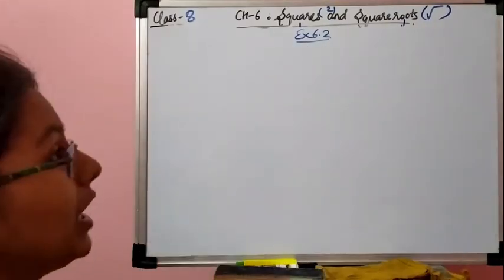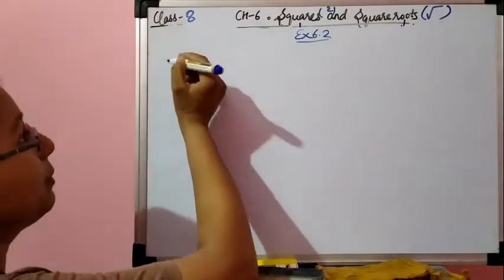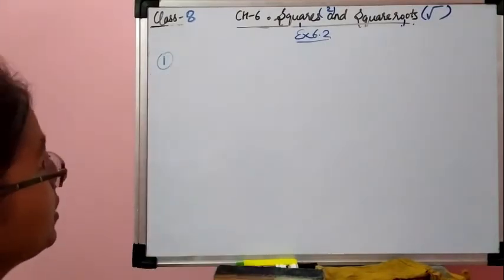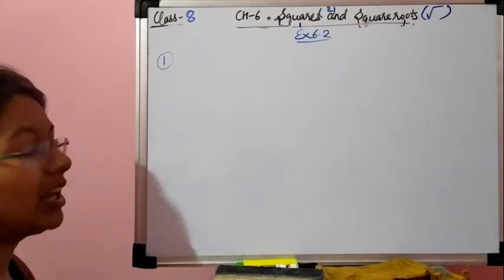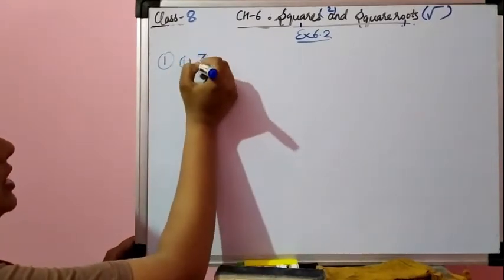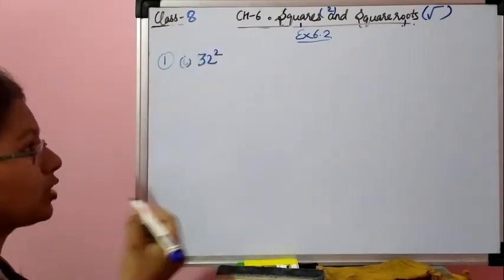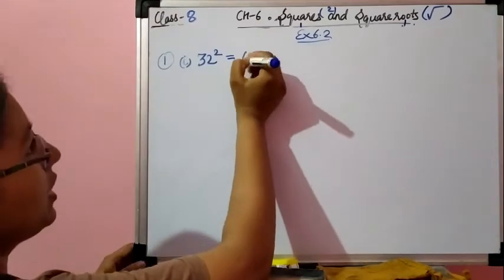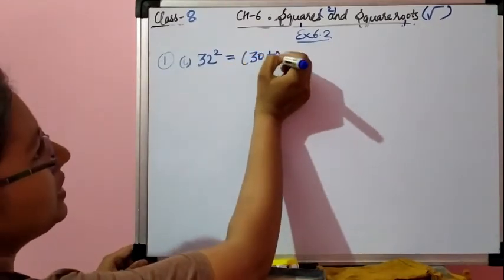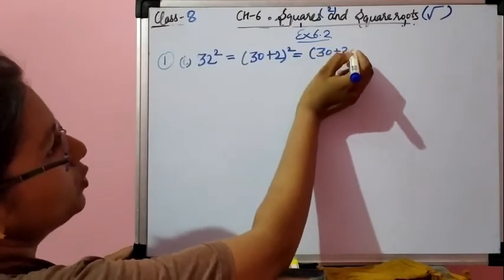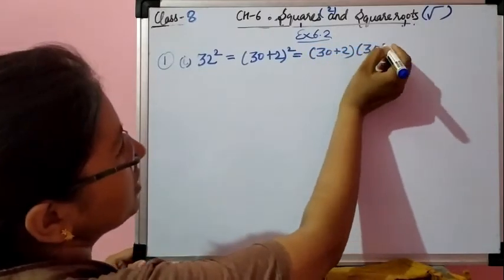Now question number 2 we have discussed, that was regarding Pythagorean triplet, and the first question is find the square of the following numbers. We have to find the square without doing actual calculation. So in the first part it is 32 square. I have explained the method that if it is without actual calculation, then I will split the number 32, which is equal to 30 plus 2 into 30 plus 2.